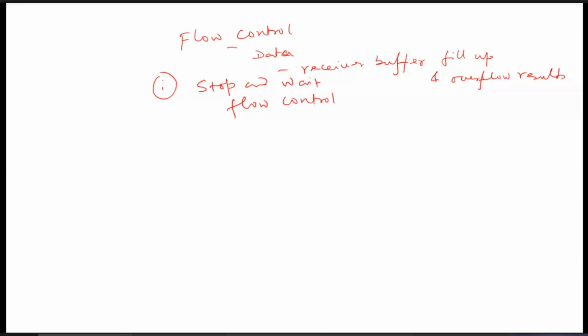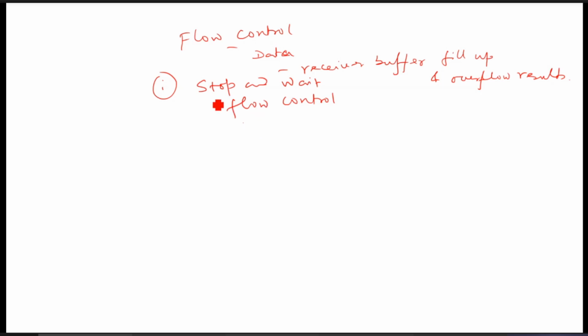So in what way can these flow control mechanisms work? The destination entity can stop the flow of data by not sending the acknowledgement. That is the mechanism of stop and wait flow control. Am I clear?